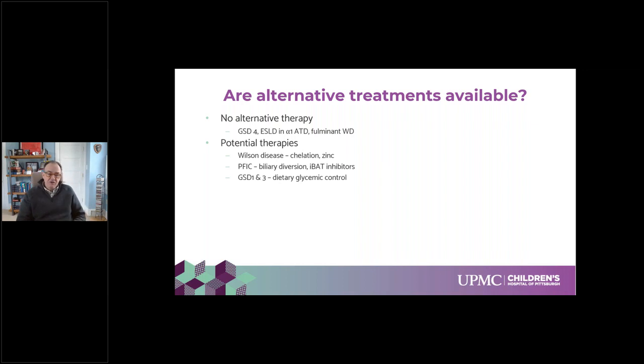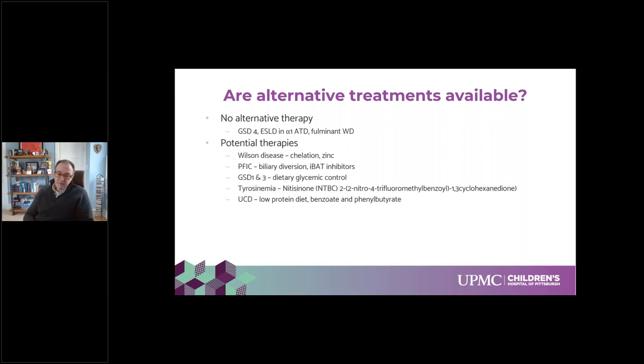Dietary glycemic control can help with glycogen storage disease type 1 and 3. And for tyrosinemia, which was one of the original metabolic indications, transplant is now very rarely needed because of this drug, nitisinone, NTBC, which blocks the production of the toxic metabolites in tyrosinemia.